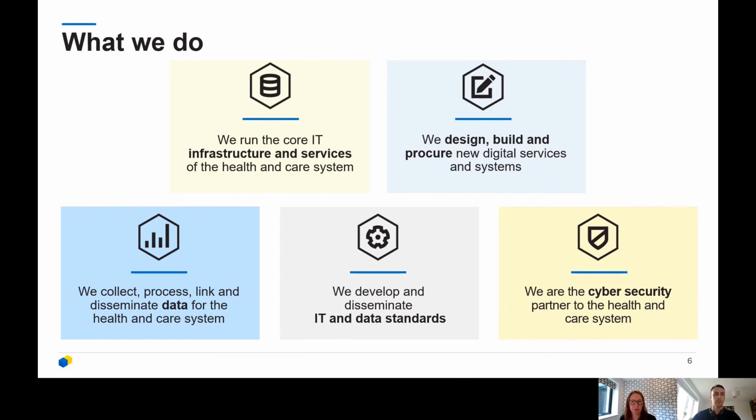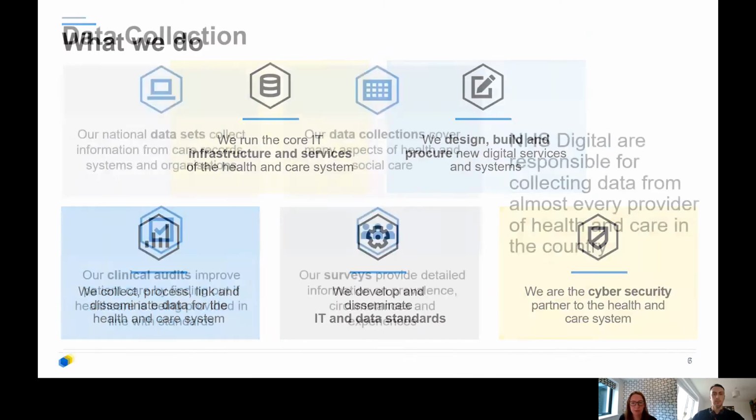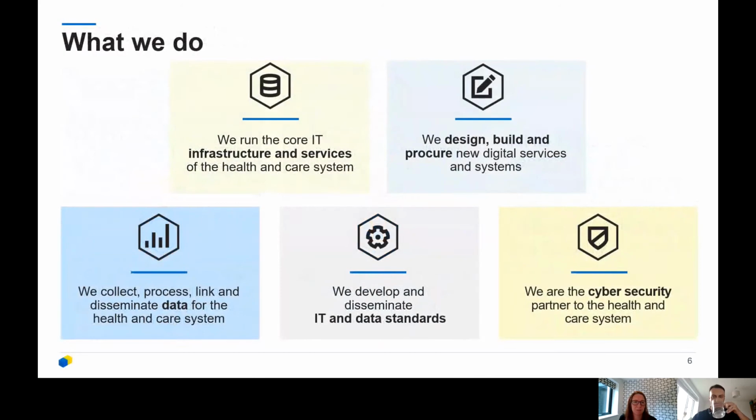We also design and build and procure new digital services and systems. This means that we're often your first point of contact with the NHS. For example, we developed the NHS app, which has become really popular recently, and we now have more than 10 million users of that service. We also collect, process and link data for the health and care system.